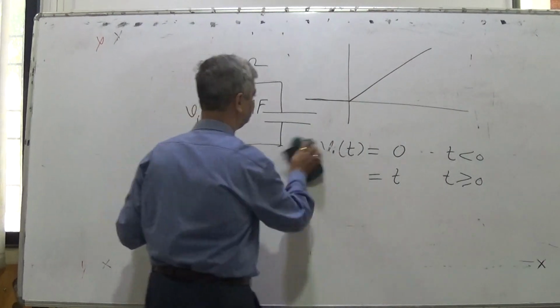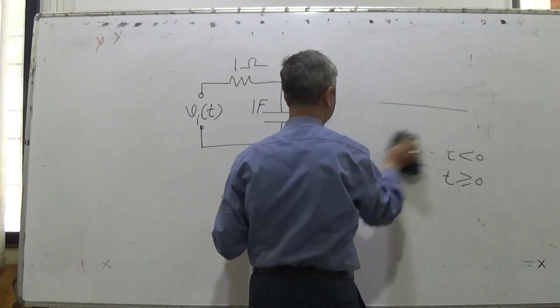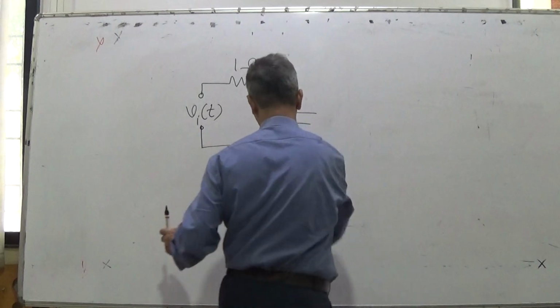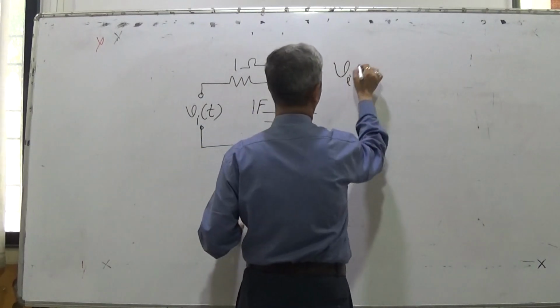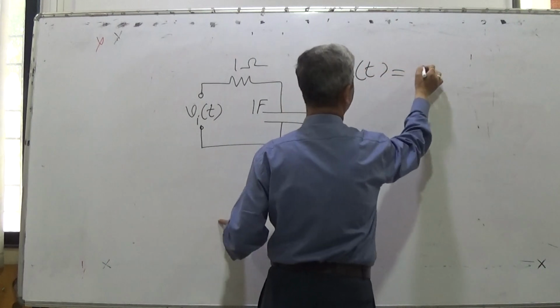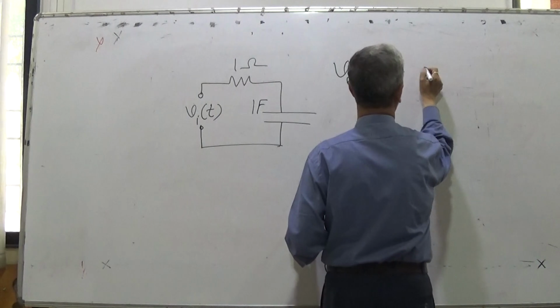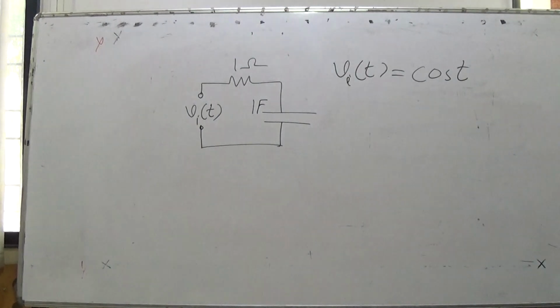Then next, same circuit, Vin(t) is equal to cos t. Vin(t) is cos t.